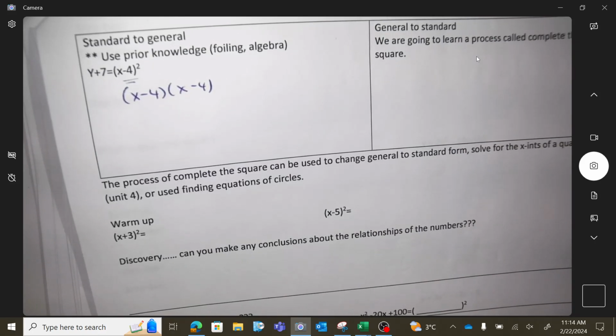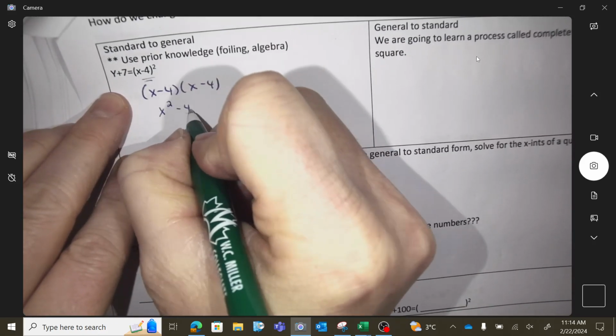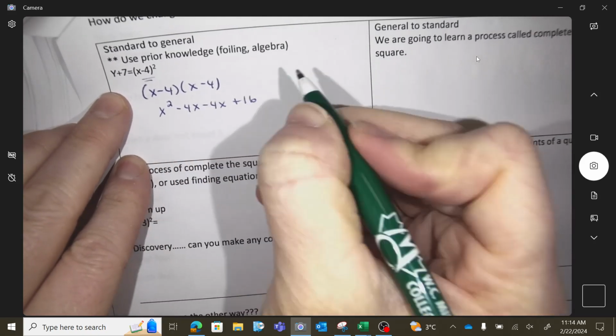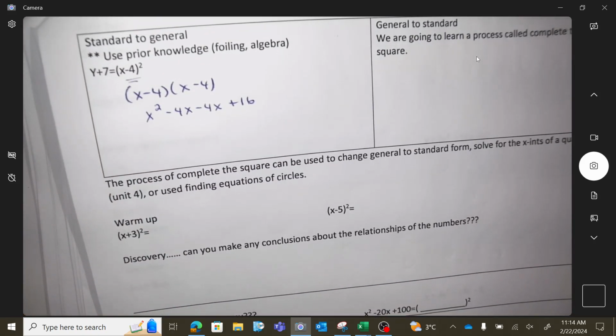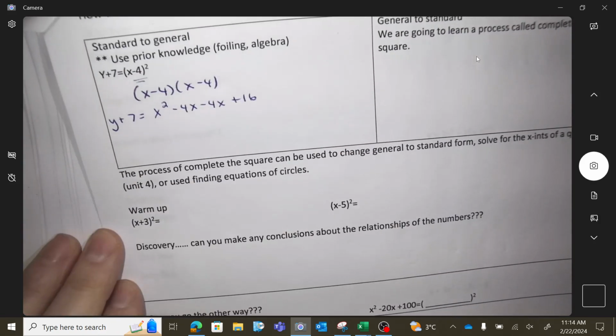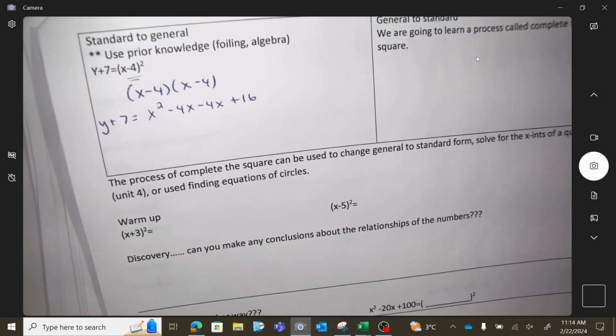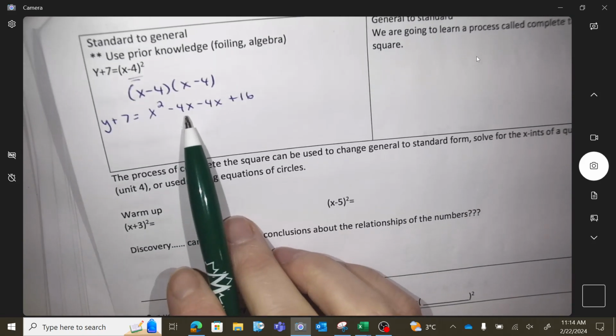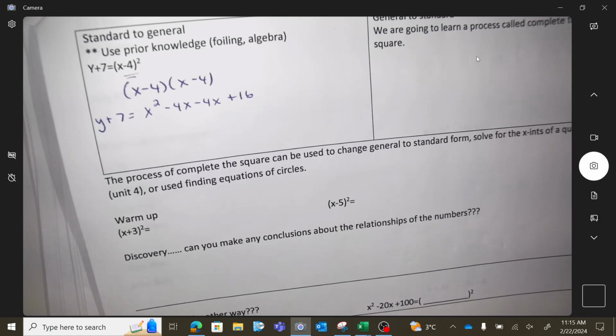Square it out, FOIL it. Okay, everyone was good on their FOIL? First, outer, inner, last.